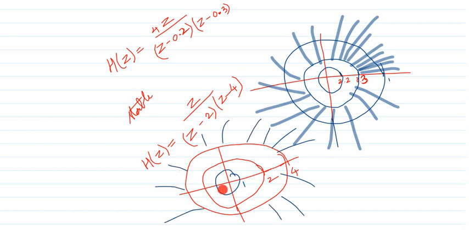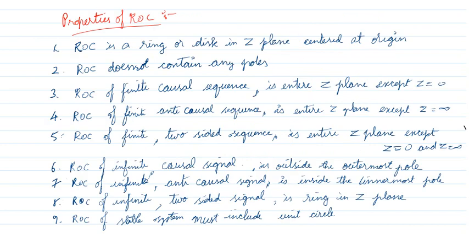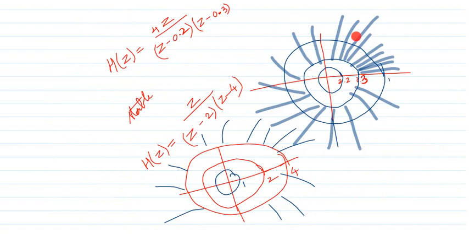So this H of Z is an unstable system. Okay, that's the ninth property: the ROC of a stable system must include the unit circle. Here the ROC is including the unit circle, but for this one, 1 is here, 2 is here, 3, this is 4. It is outside 4, so it is not including the unit circle. So this H of Z is unstable.